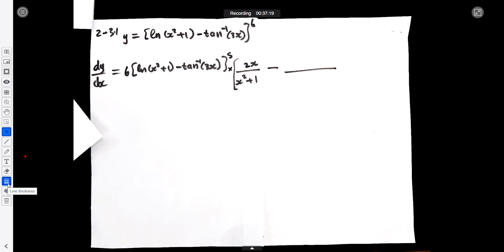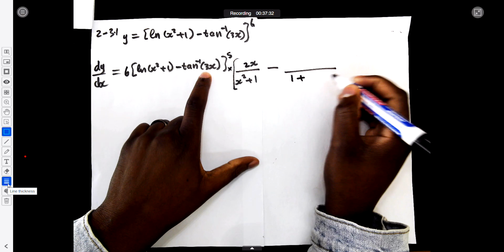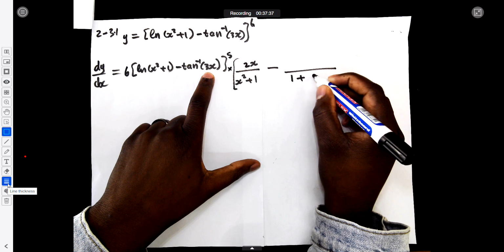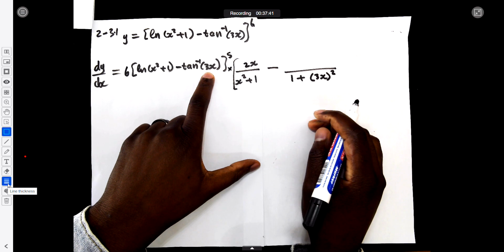So according to the derivatives of trigonometric functions, we have 1 plus x squared. But we know it is going to be 1 plus the function inside the trigonometric function, so it is going to be 1 plus (3x) all to the power of 2.